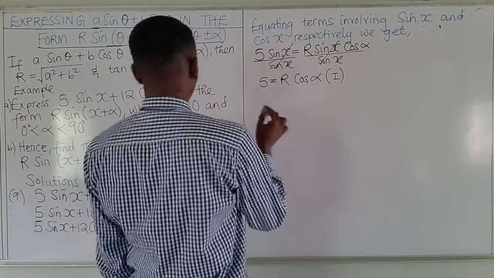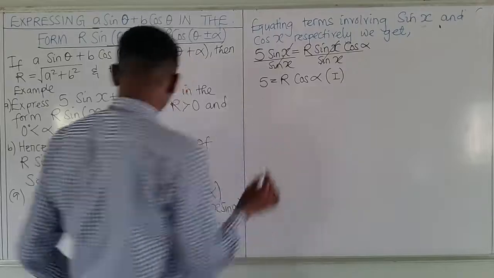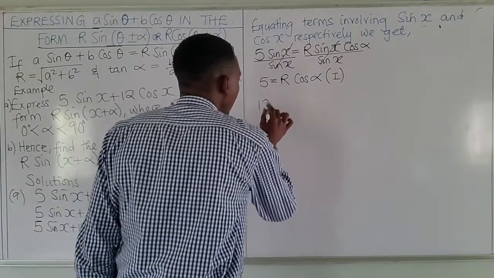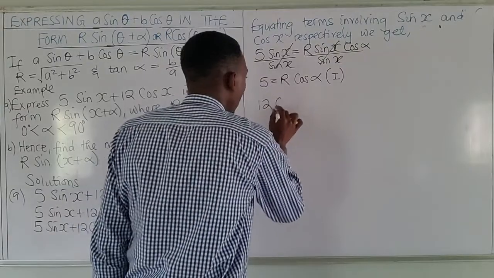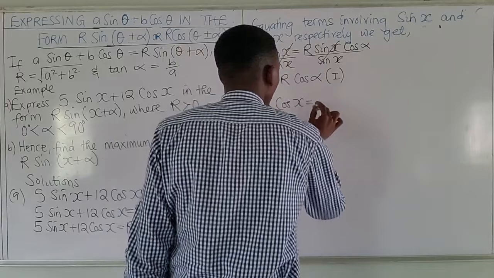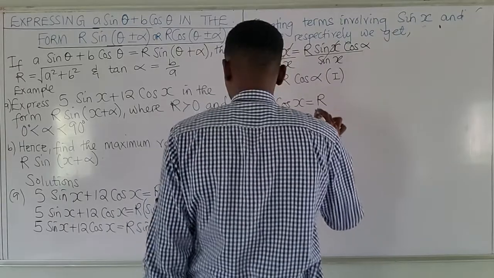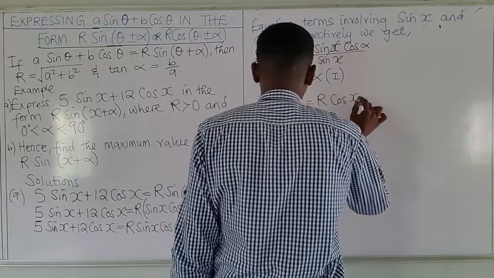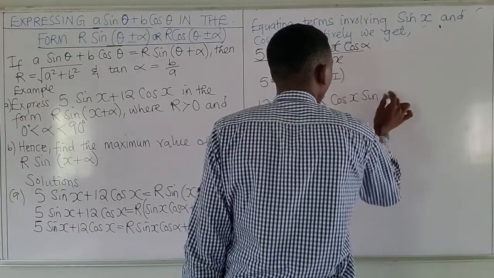Then we go to the next one, which has to do with cosine. Write 12 cos x is equal to r cos x sine alpha.